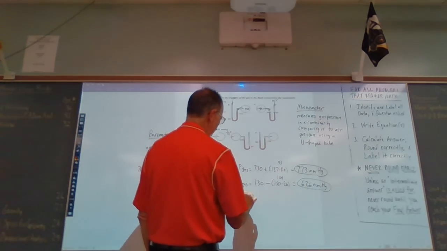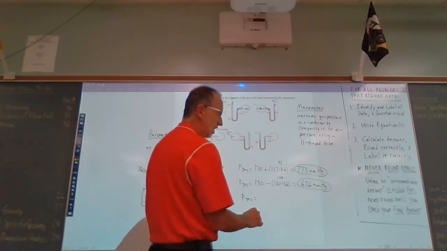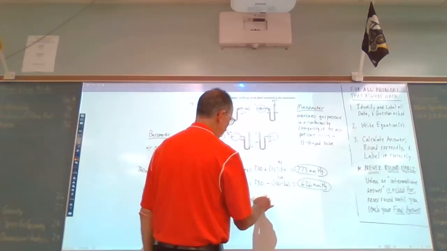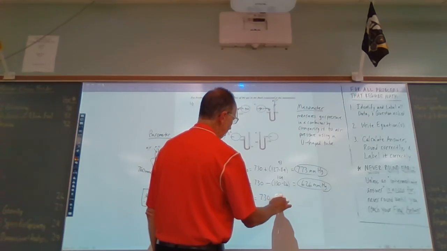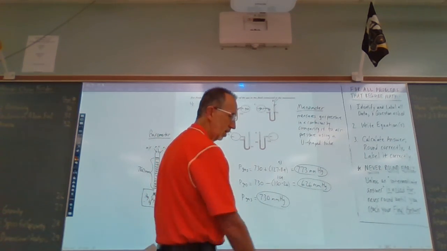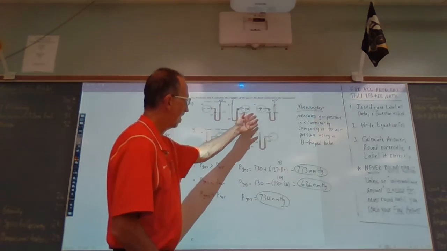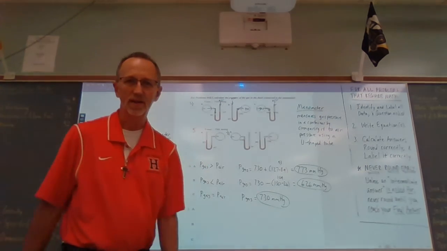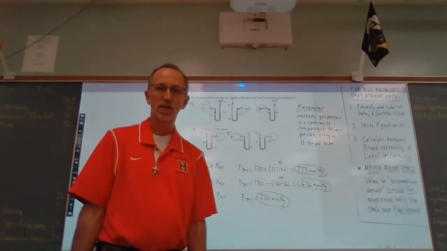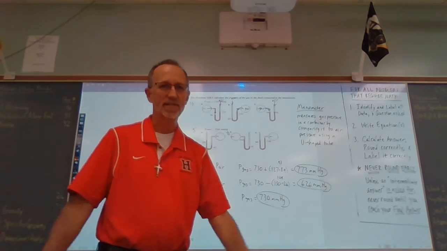And so the pressure of the gas now is the same as the air pressure, which is 730 millimeters of mercury. The difference, 95 minus 95, is 0. And so 730 plus 0, or minus 0, is 730.